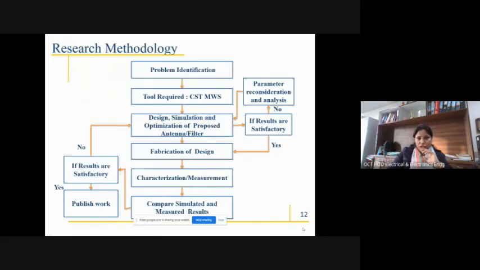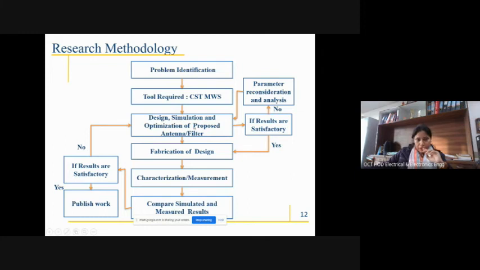The research methodology I applied: first of all, problem identification, then the tool required for designing these antenna structures. This is CST, Computer Simulation Technology, and many other tools like HFSS and Microstripes 7 are available. I worked on CST, which I used at Shiv Nadar University. It is licensed software available there.